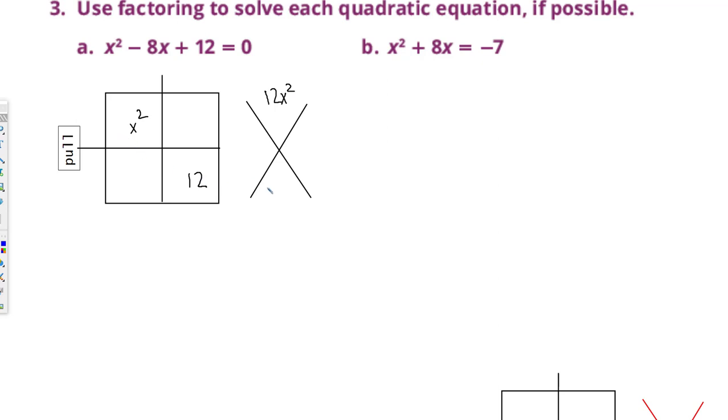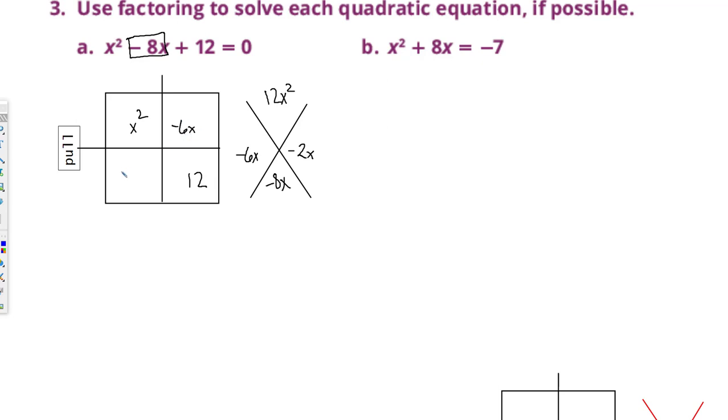What is my sum I'm looking for? What two things multiply to give me 12 that will add to give me -8? 6 and 2. And they both need to be negative because we're looking for a -8. Whenever this is positive, these signs will always match.